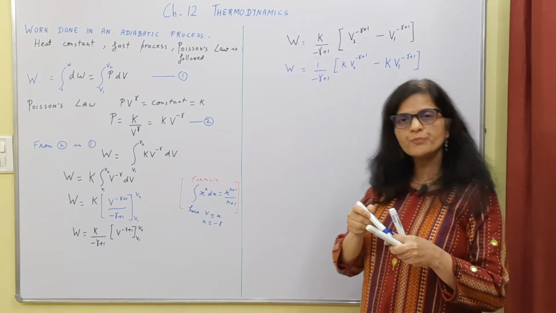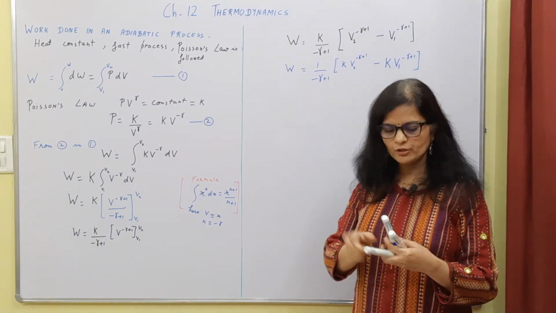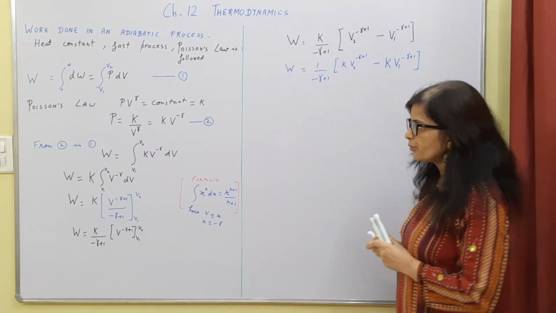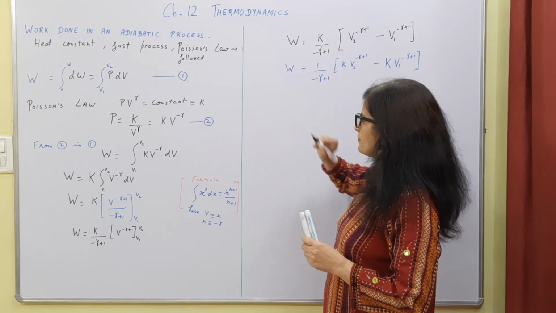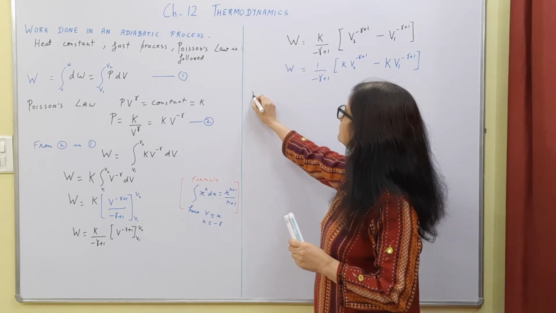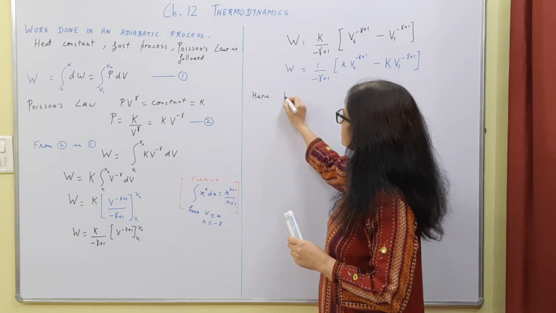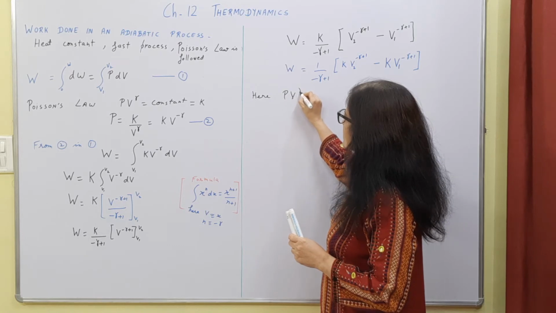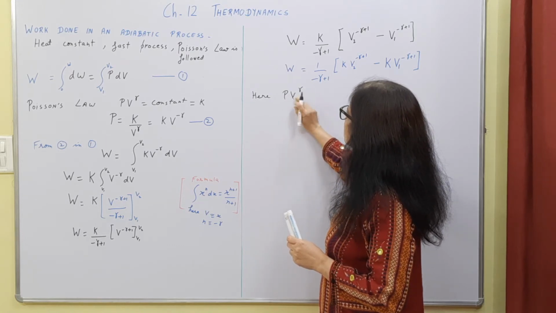Now we have to put the value of K. How to put the value of K? We know that PV to the power gamma is constant. This is Poisson's law.